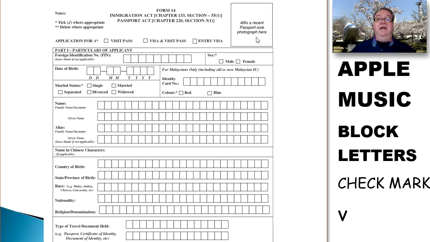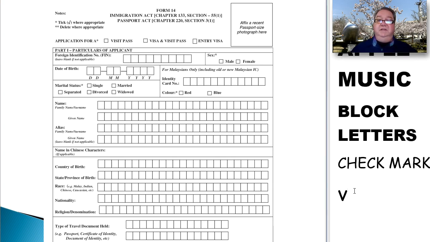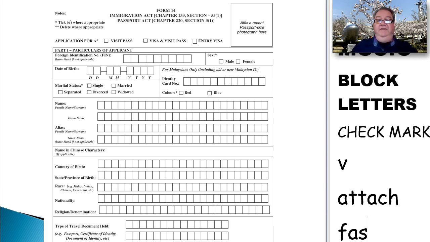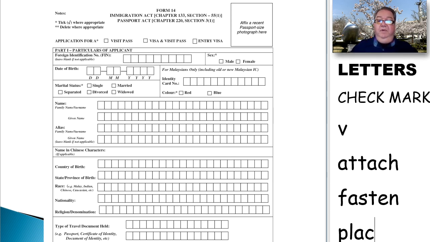Let's move to the right side here. It says affix a recent passport size photograph here. Affix means to attach, or you could say fasten, to place it so that it doesn't fall off.